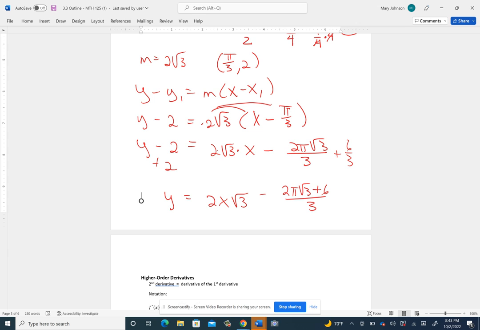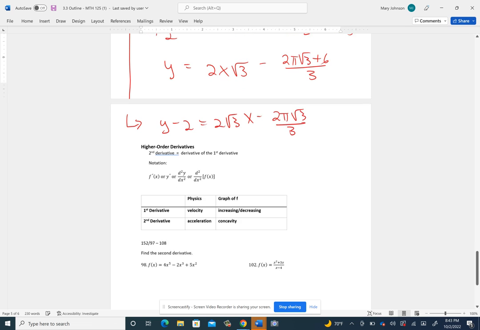So on this one, what they're probably going to do is take that step right there, and instead of adding 2 to both sides like I did, they're going to put it in general form. Let me show you that. So that's where we were.